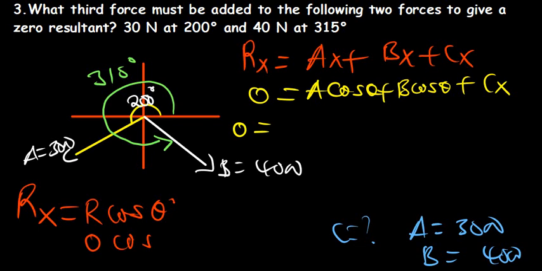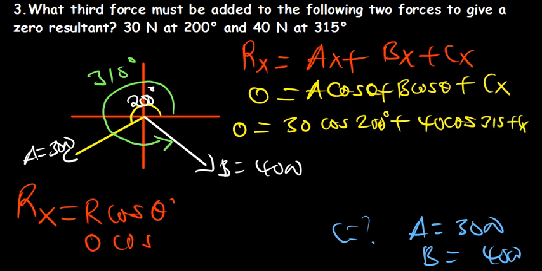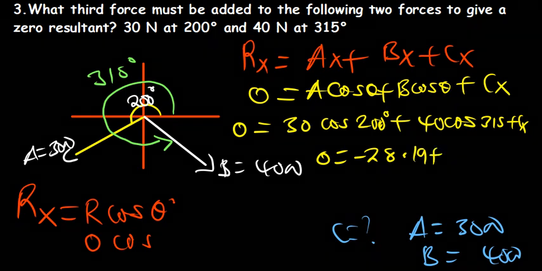So I'll say 0 will be equal to A, in this case 30, cos the angle which is 200 degrees, plus B, which is 40, cos 315, plus Cx. So what is 30 cos 200? I'm getting negative 28.19. Then plus what is 40 cos 315?